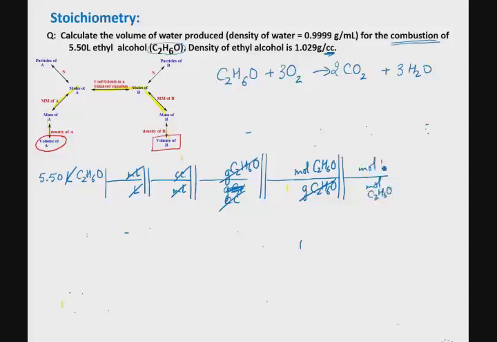moles of water, because that's what the question is in context to. Moles of water can be converted into grams of water using the molar mass of water, and then that can be converted into volume using the density of water, which is given in grams per mL.